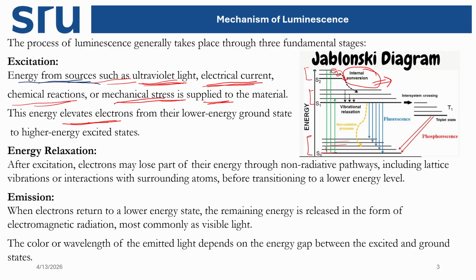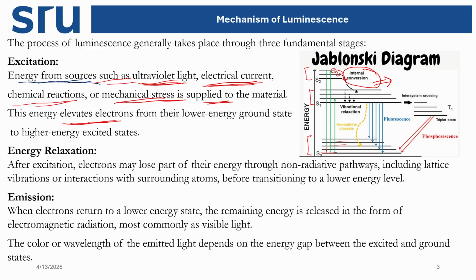This process is called non-radiative decay, meaning it is not emitting light. But when it goes from a higher energy state to a lower energy state by emitting in radiative form, then this process is the luminescence property.